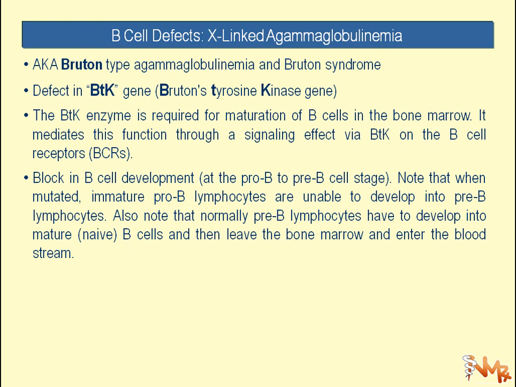Note that when this gene is mutated, the immature pro-B lymphocytes are unable to develop into pre-B lymphocytes. Also note that normally pre-B lymphocytes have to develop into mature naive B cells, and then they leave the bone marrow and enter the bloodstream and get into the lymph nodes.